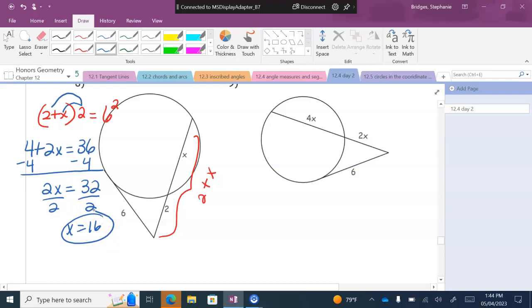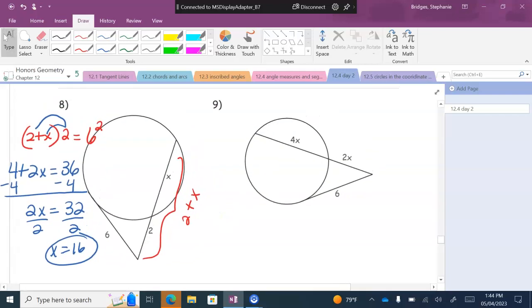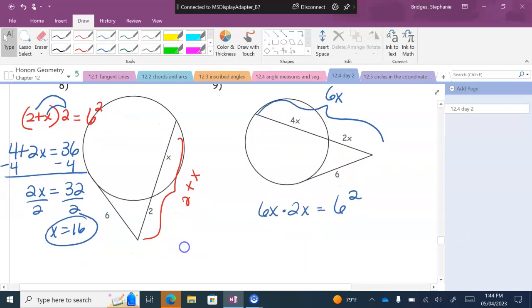Okay. Again, for number 9, what is the whole thing? All right, so we're going to go 6x times what's the outside piece? Equals my tangent squared, correct? 6x times 2x is 12x squared. 6 squared is 36, but I've got to get the x squared by itself first.